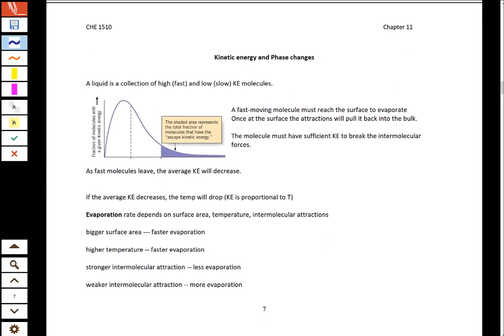So let's move into what molecules are doing when they change state. Let's pretend we're talking about liquid molecules.